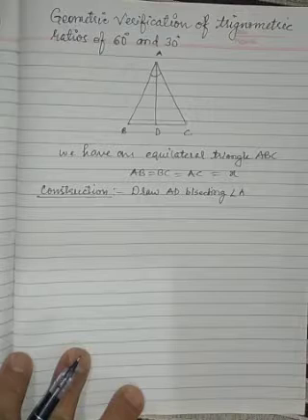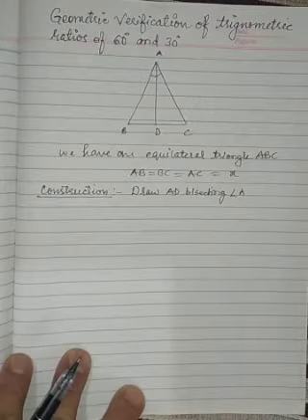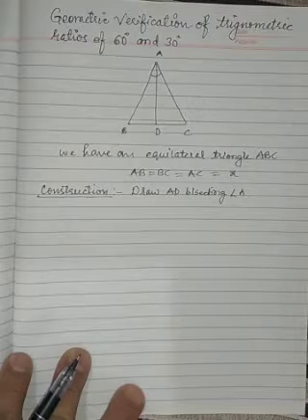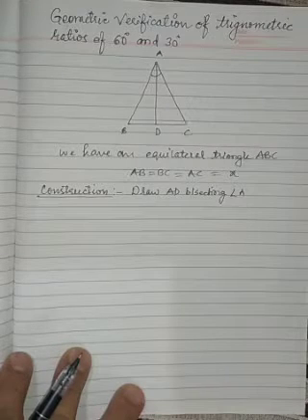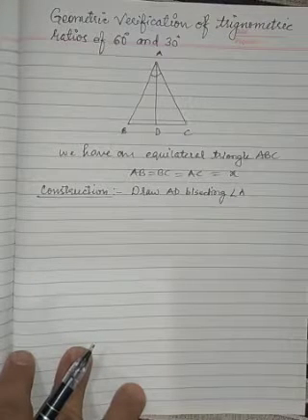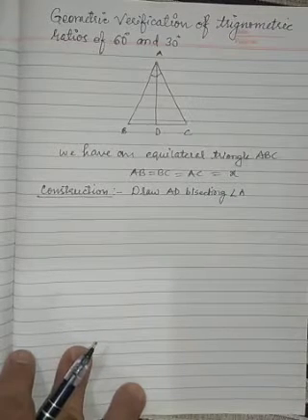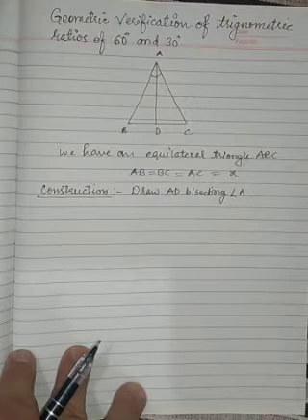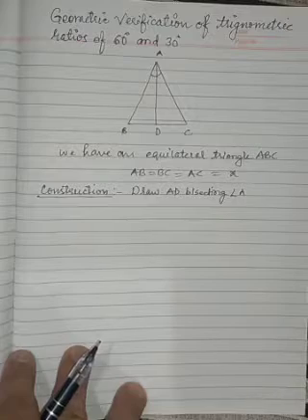Now since the triangle ABC is an equilateral triangle, it is the property of an equilateral triangle that the bisector of any angle perpendicularly bisects the opposite side. This property is special for equilateral triangle and isosceles triangle both.